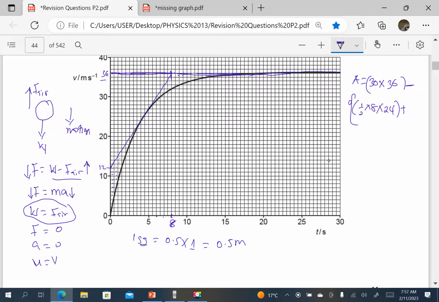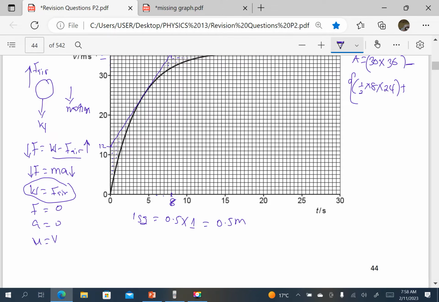Coming this side, 14, 15, 16, 17, 18, 19, 20, 21, 22, 23, 24, 25, 26, 27, 28, 29, 30, 31, 32. So I have 32 full squares. So the area for the full squares is going to be 32 times 0.5.